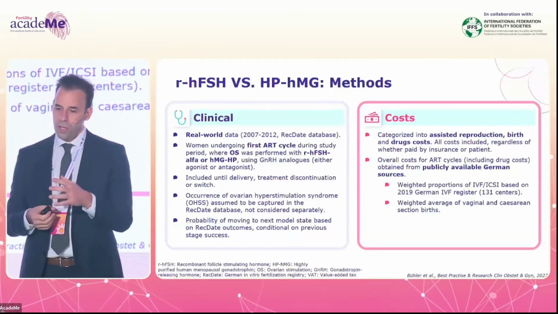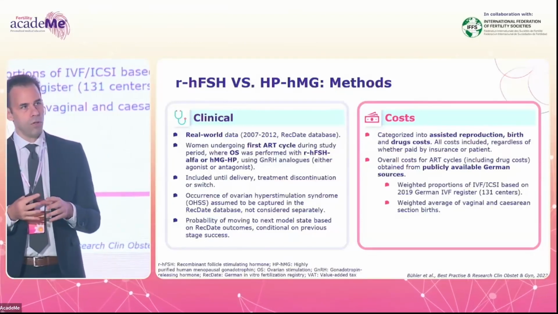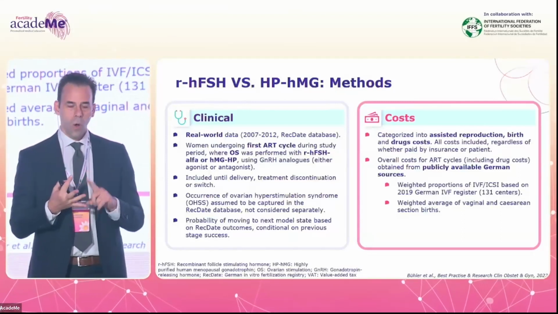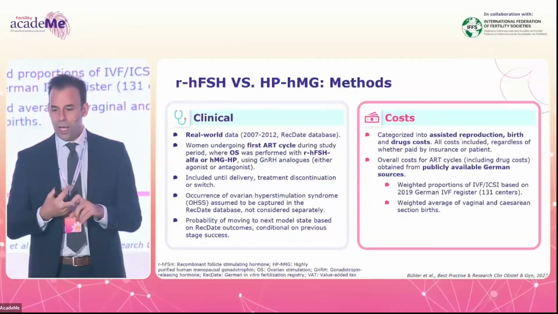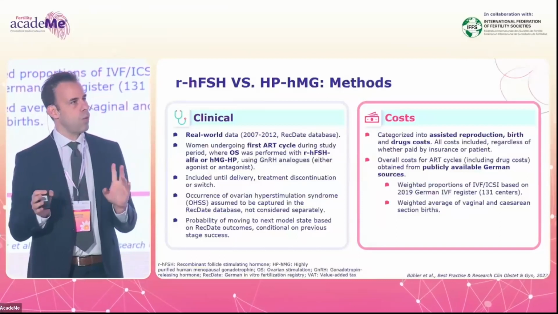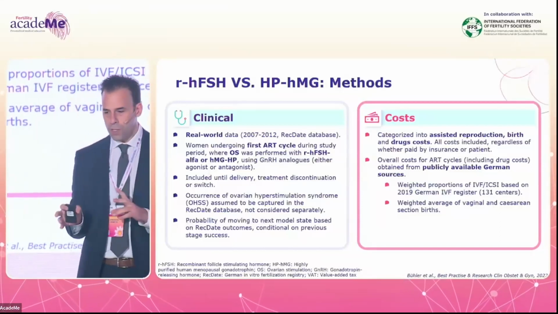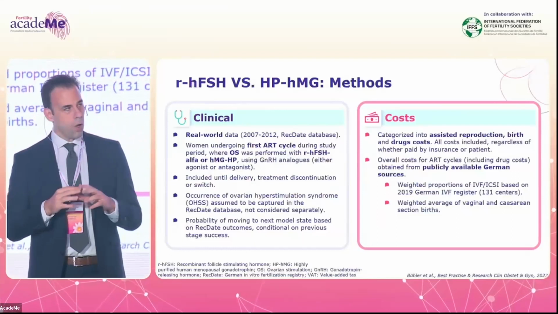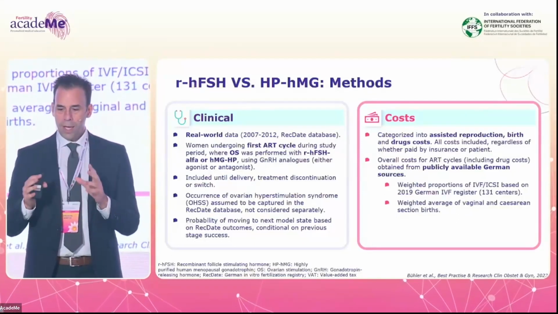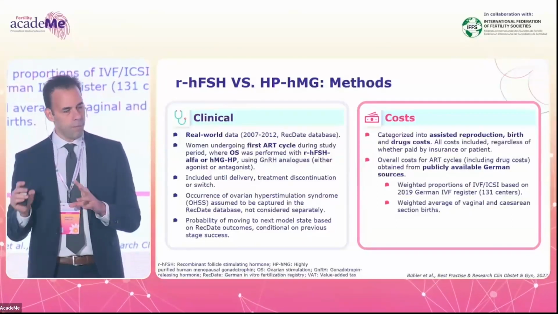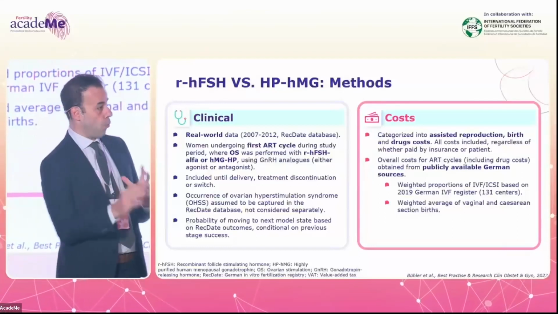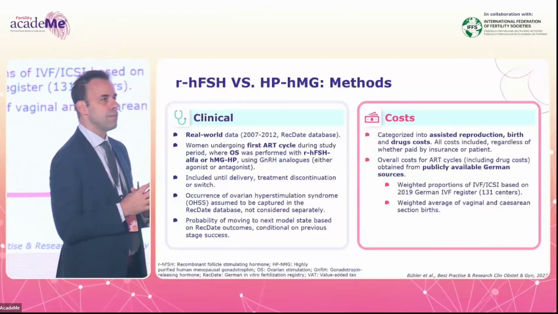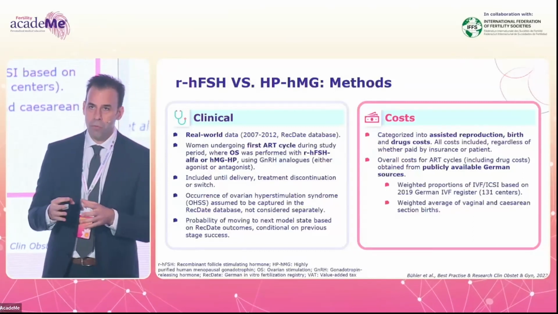The costs that we included were of course all the ART costs and all the drug acquisition costs, and that was included regardless of whether it was paid by the patient, the insurance, or the state. The overall cost of ART was obtained from publicly available German sources, and of course there were some assumptions that had to be made because not all data is captured in RecDate.